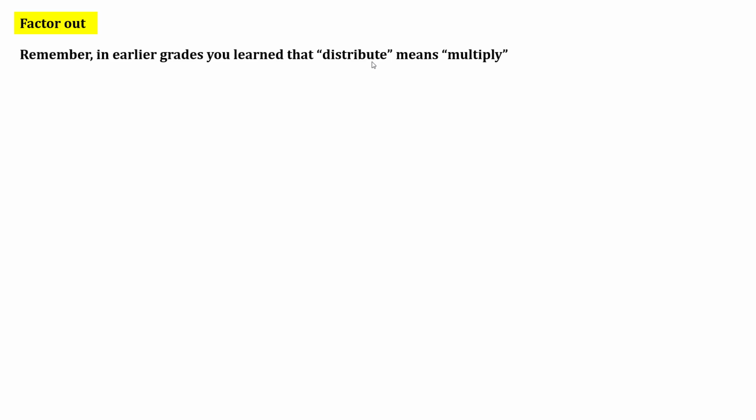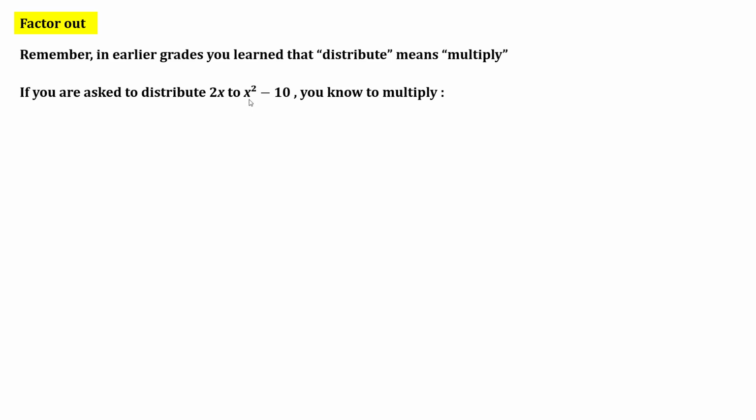You learned that distribute actually means to multiply, right? But it's to multiply one thing by many things.